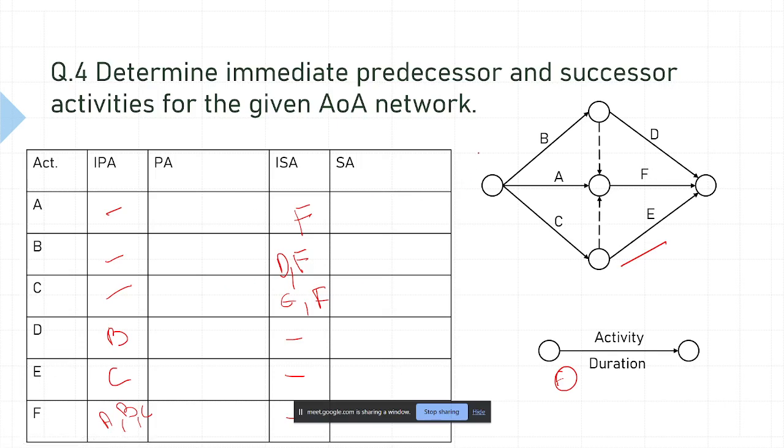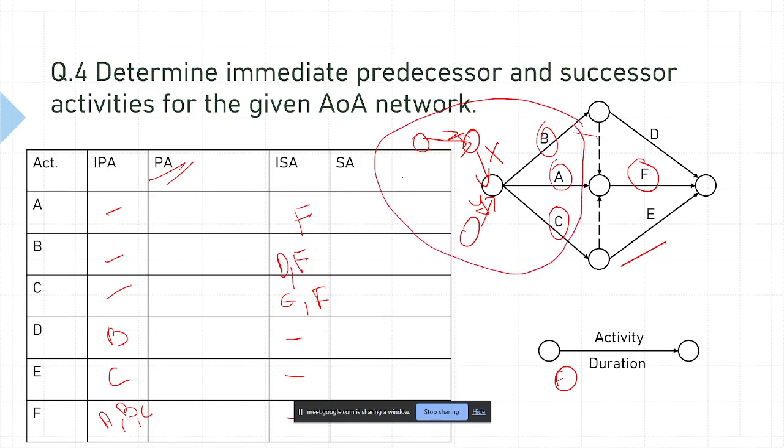Now, let's suppose I have two more activities here, X and Y, and then for X we have Z. In this case, when you talk about IPA for F, the immediate predecessors would only be B, A, and C. But when you write all the predecessor activities, PA, it would be all the activities that happen before the start event of F. I hope you got the point.